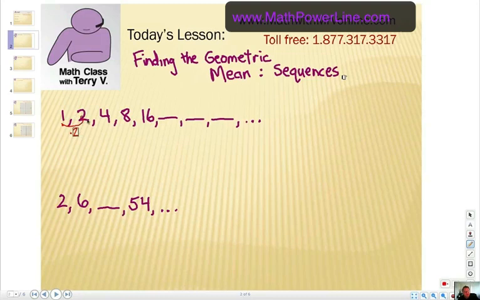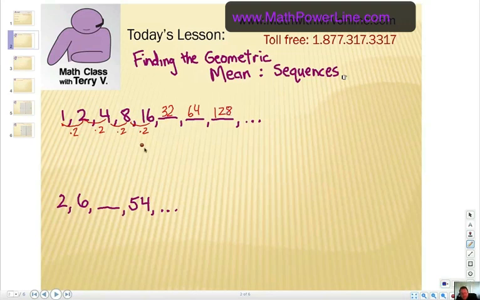So we're doubling each time. 1 times 2 is 2, 2 times 2 is 4, 4 times 2 is 8, and so on. It's a consistent pattern that can go forever. So obviously I can look at this and tell that that's what's happening. I'm doubling each number. All right, so the next number, of course, would be 32, and then 64, and then 128. Now that's not so hard.